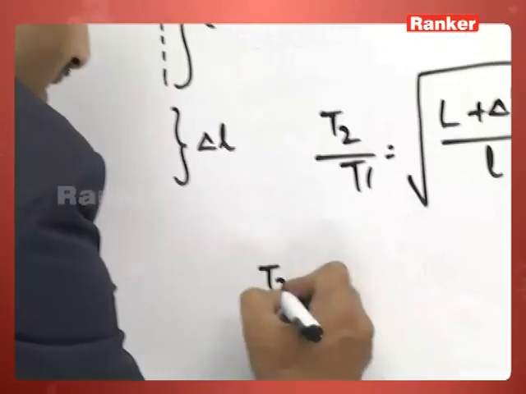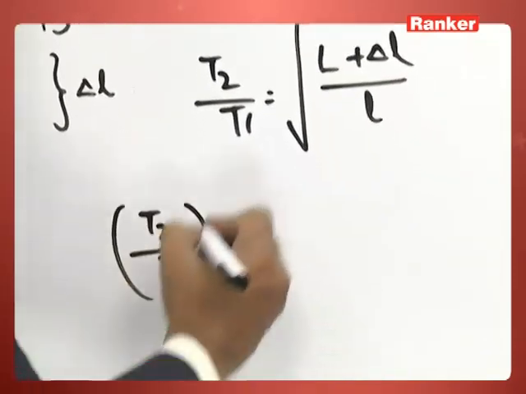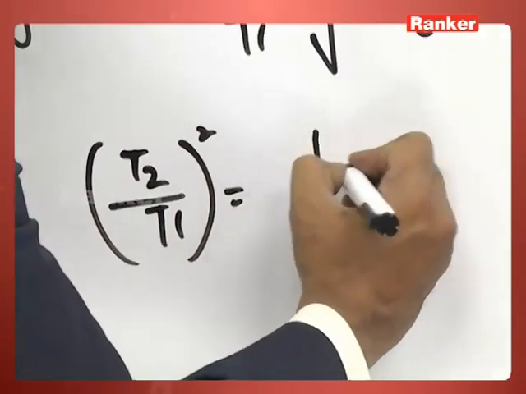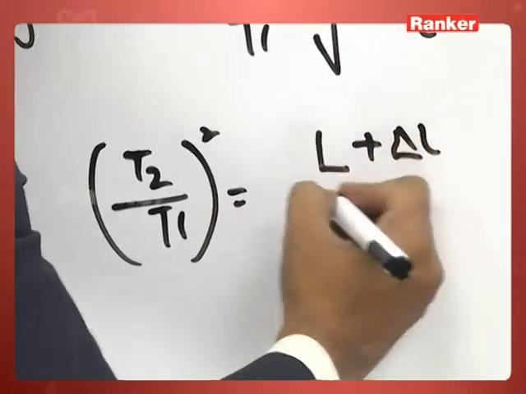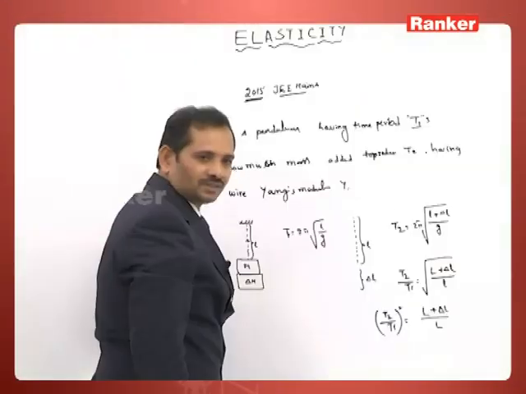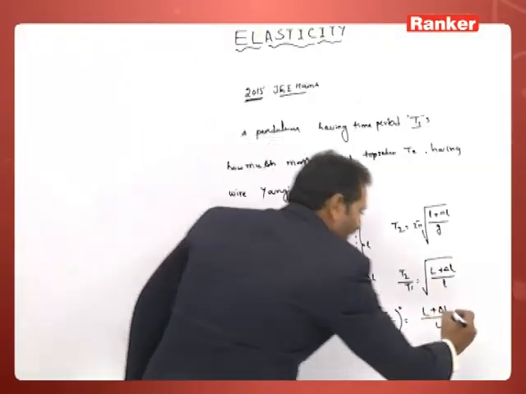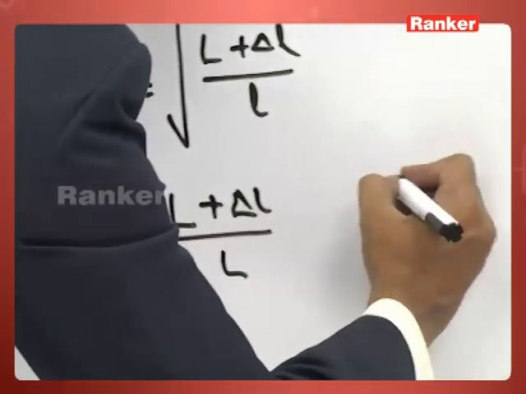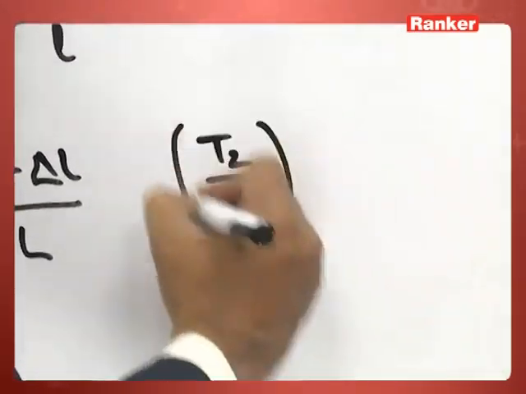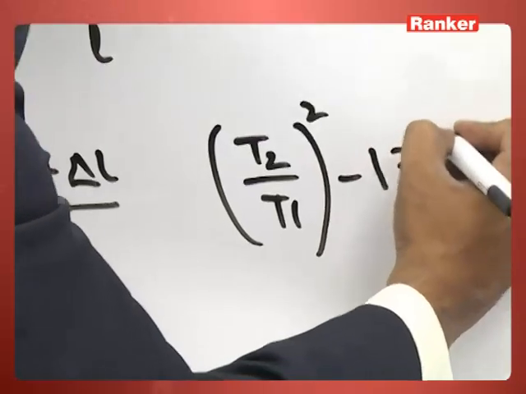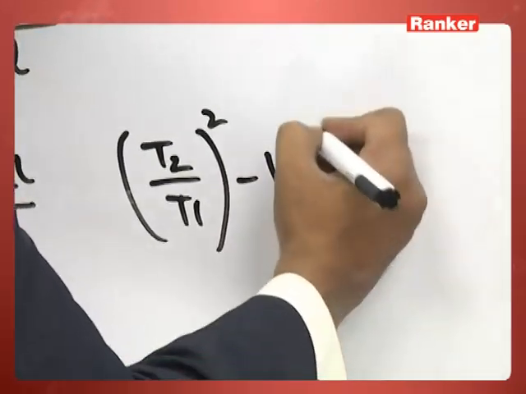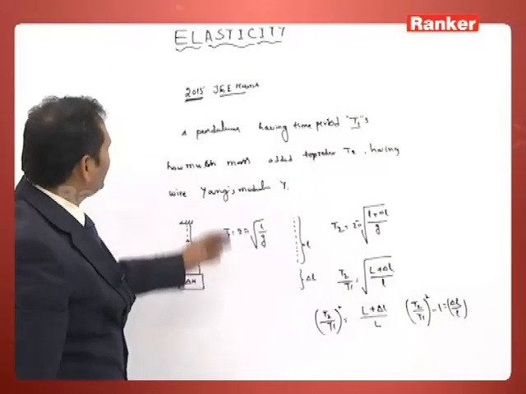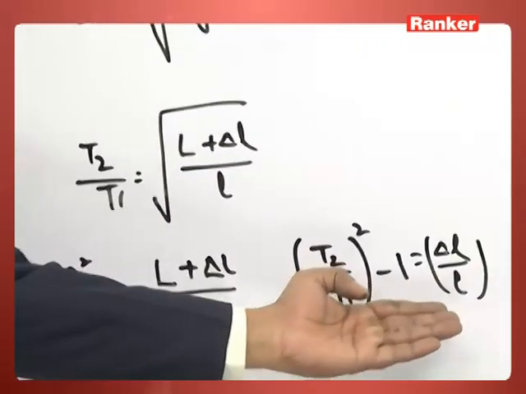Squaring on both sides, T2 by T1 whole square equals L plus delta L by L. Very good, I think you can understand. T2 by T1 whole square minus 1 equals delta L by L. You identified your term. Delta L by L is what?